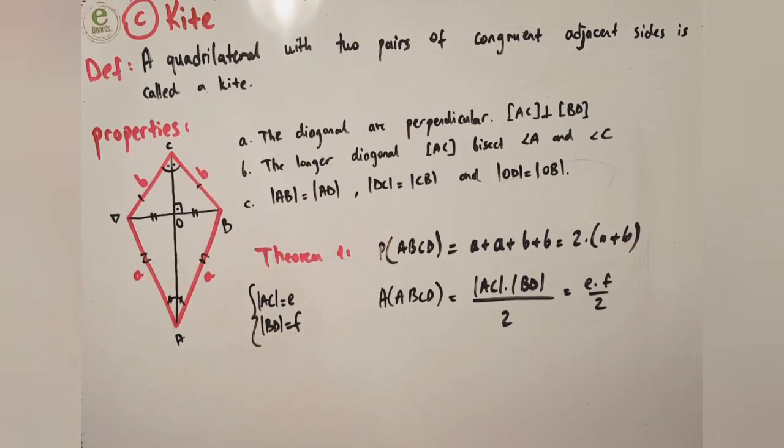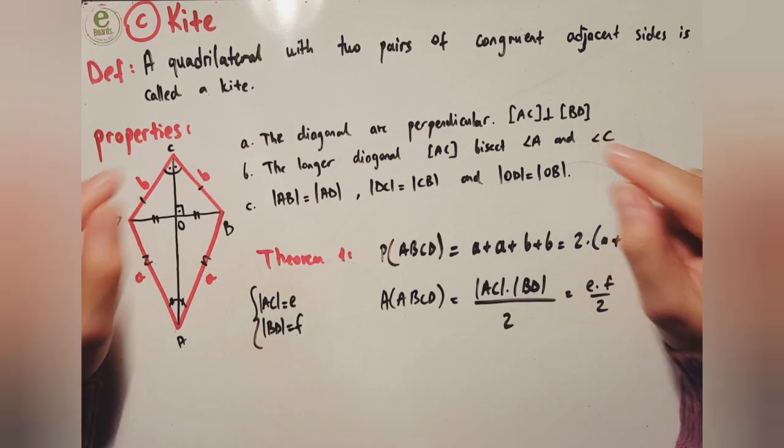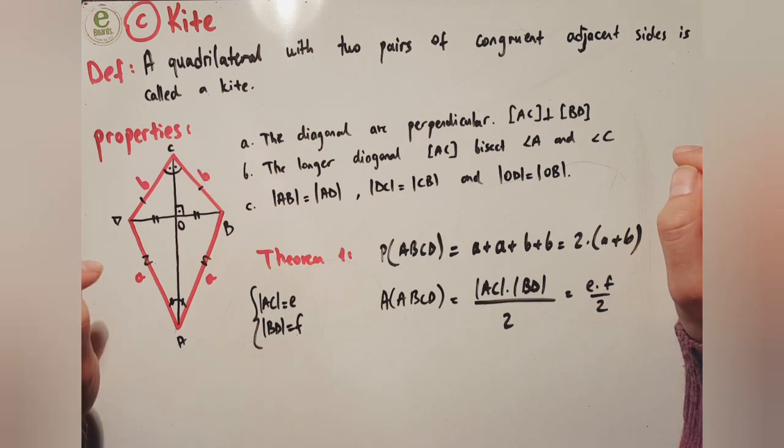I am planning to finish my lesson with the last polygon, the kite. So for the definition, a quadrilateral with 2 pairs of congruent adjacent sides is called a kite. For the properties, the diagonals AC and BD are perpendicular.